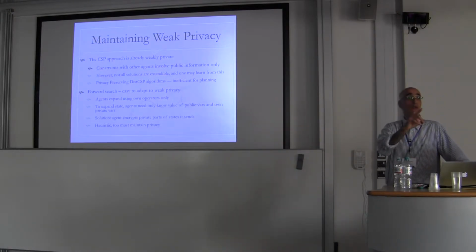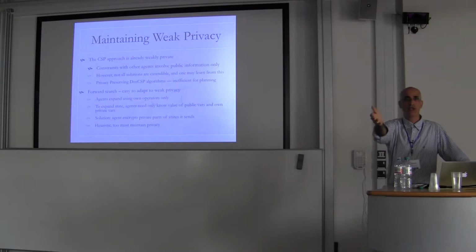Notice that we cannot send each other information that doesn't include the encrypted private state. Suppose I apply an action, I send you a state without my private part, and you apply an action and send it back to me.